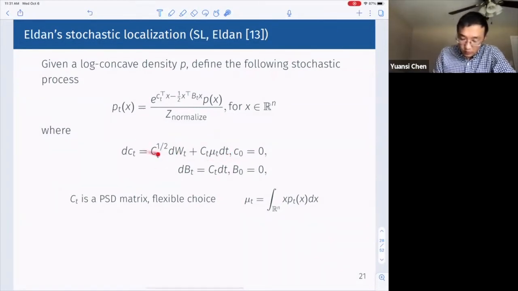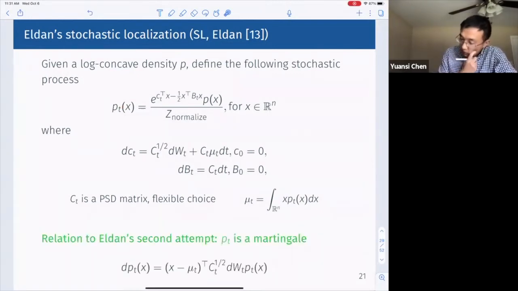So why is this? This looks not very intuitive, but actually if you try to derive the derivative of PT, you can see that it can be related to Eldan's second attempt from this stochastic differential equation. Take the derivative dpt and you get x transpose mu t.